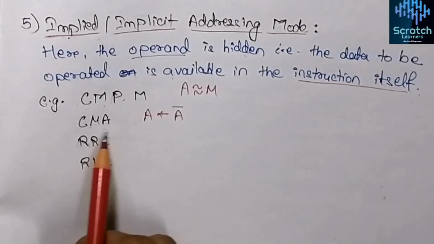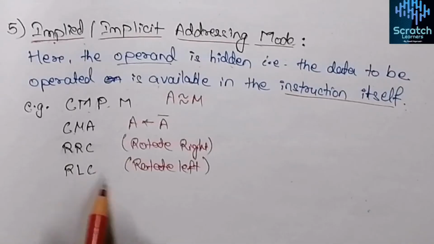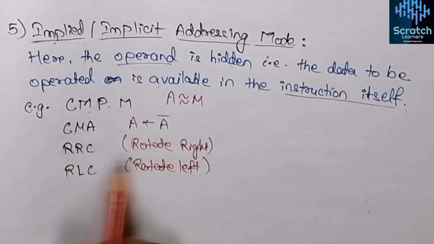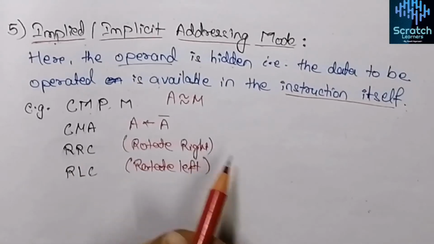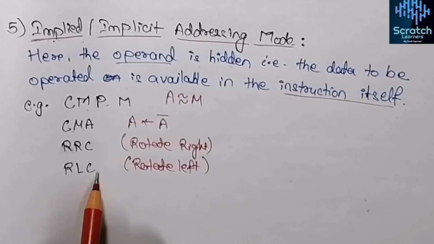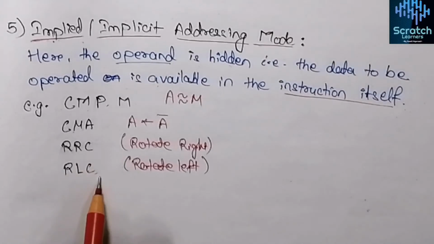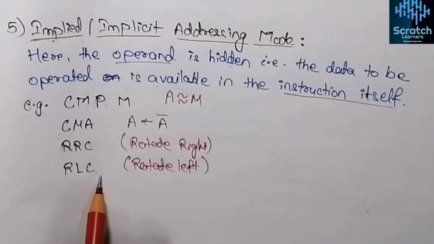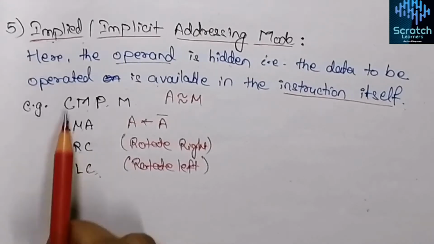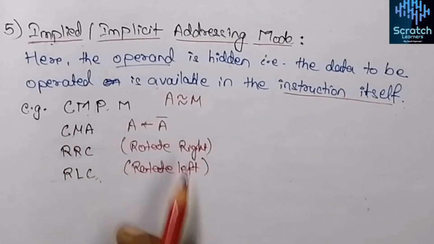It is being provided implicitly. Then the next ones are RRC and RLC. These are the instructions to rotate the content of the accumulator towards the right without carry, and this is to rotate the content of the accumulator towards the left without carry. So in these two cases also, the accumulator is being provided implicitly. So these instructions use implied or implicit addressing mode.